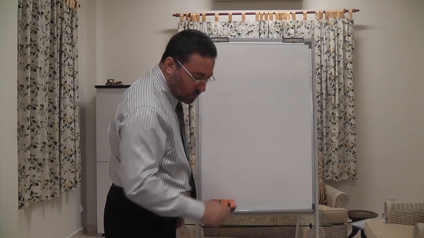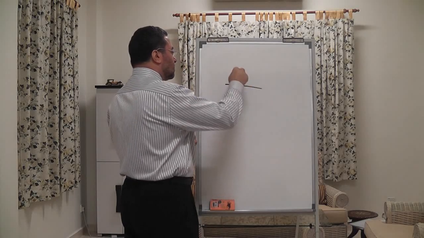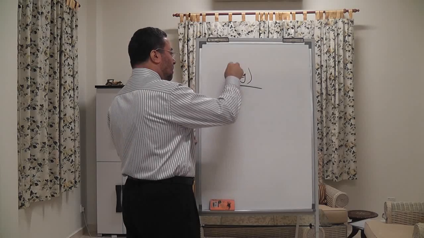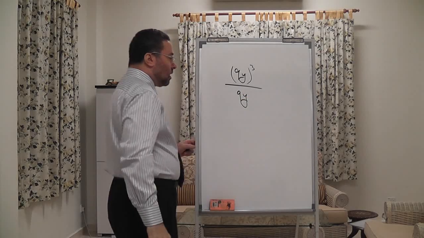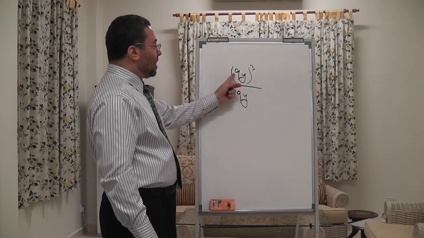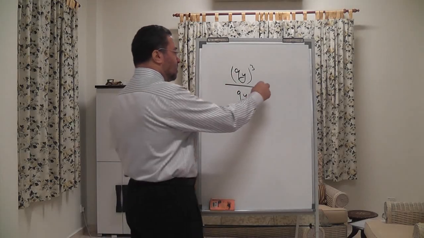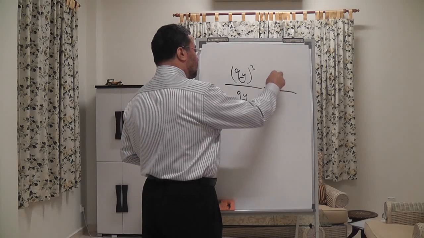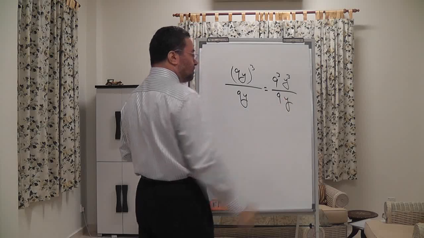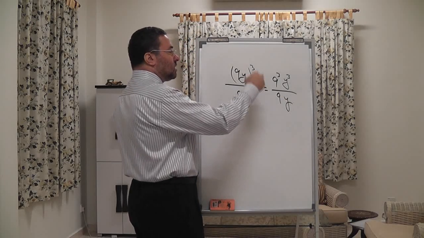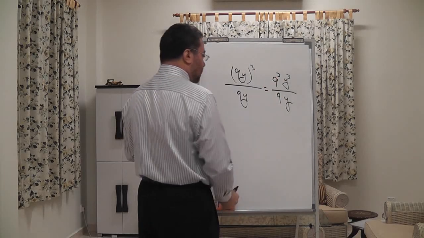Number 14. In this case you can expand this way and then do the division, and you get 9 squared y squared as the answer.